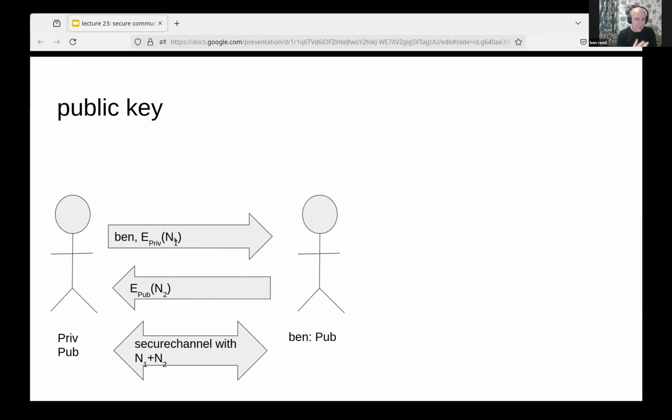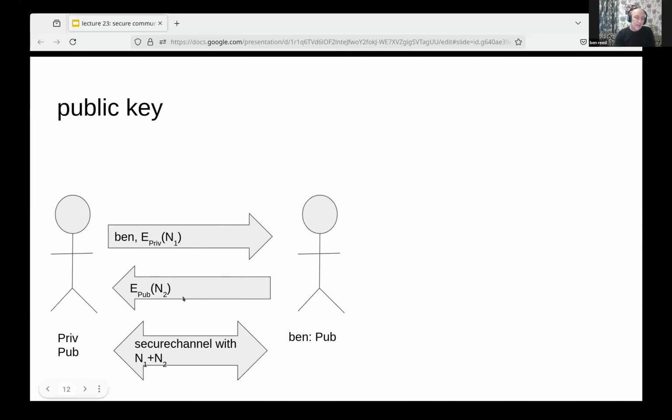It's public, right? Because anybody with the public key can read this message. However, when they read it, they also know that it was signed by the owner of the private part of that public key. So when the server gets this message from Ben, it knows the public key for Ben, so it knows, oh, Ben sent me N1. I know Ben has N1.